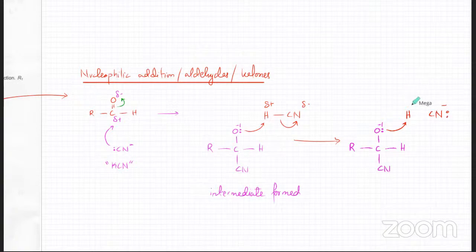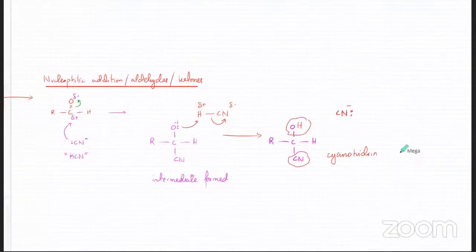So an OH is going to be formed. So this is known as a cyanohydrin. And it's a typical reaction. It's a mechanism that you have to remember. This is known as your cyanohydrin. It's a carbon atom which has OH as well as a nitrile group both attached to it. Okay, is this clear?